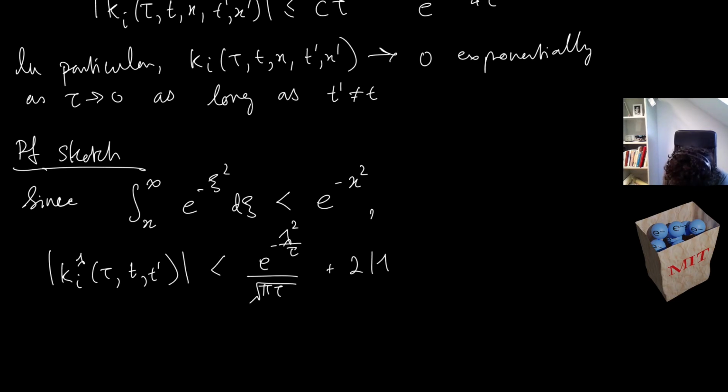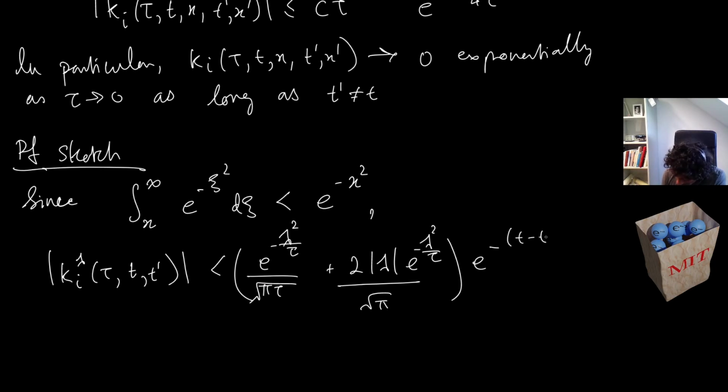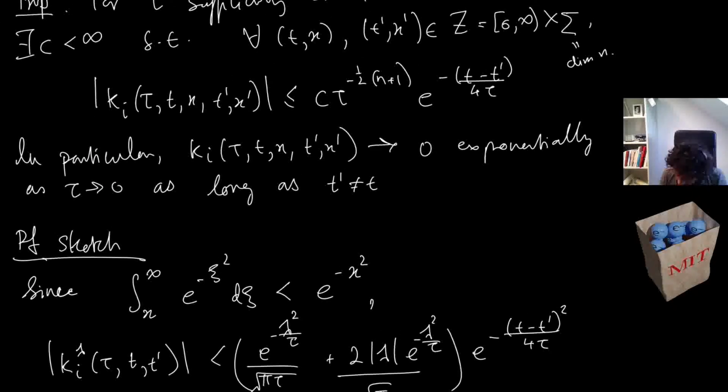This is just a calculation that you can do from the definitions that we have, divided by tau on the square root of pi. And this is weighted by e to the minus tau minus t minus t prime squared on 4 tau. I missed the square there, I'm sorry. There's a square there, right?